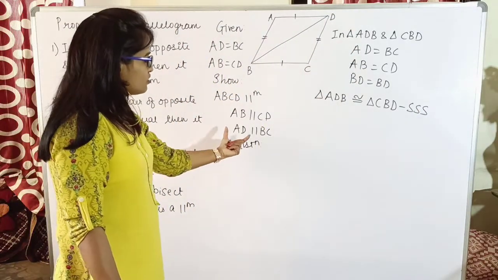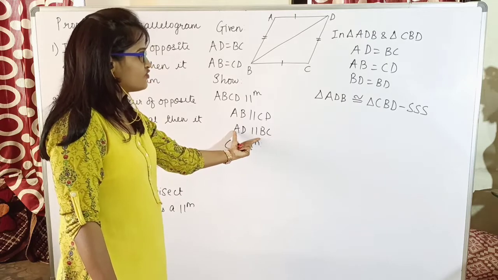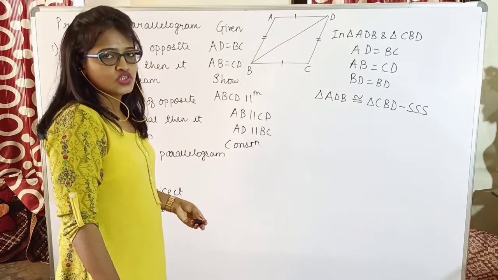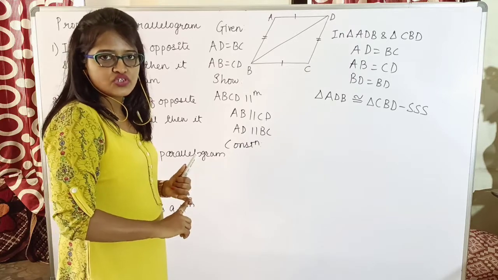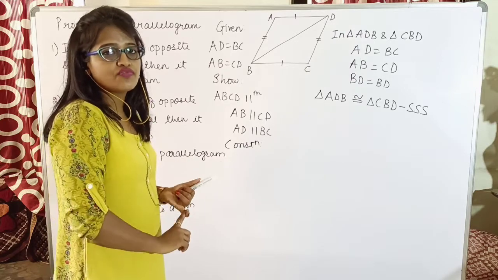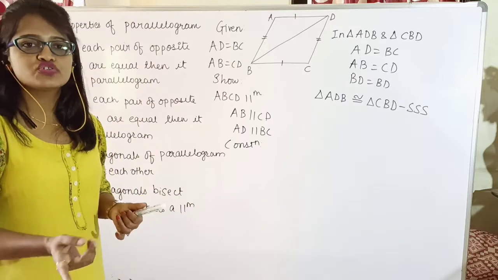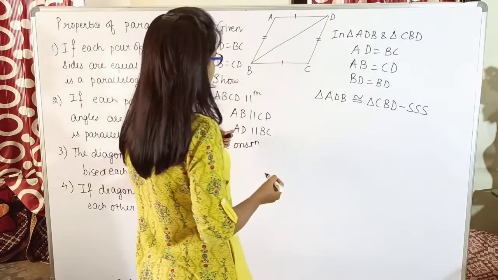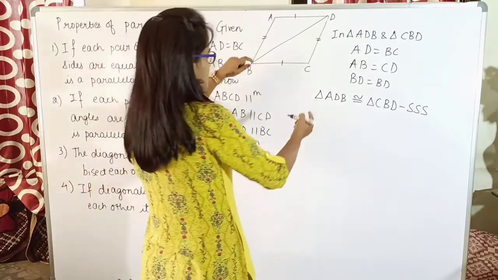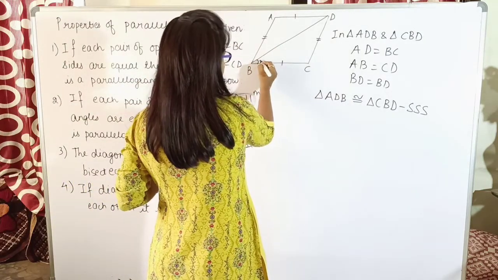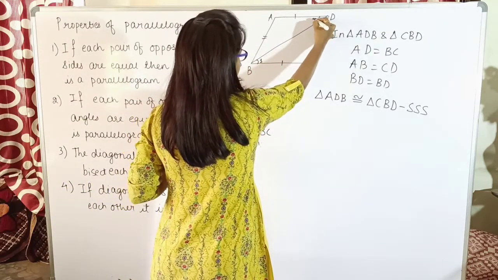But what do we want to prove? Actually, we have to prove that the two lines are parallel. So whenever we have to show two lines of parallel, we can either use converse of corresponding angle axiom, converse of alternate interior angle axiom, or converse of co-interior angles. So here we can make use of the converse of alternate interior, because as we know, if these two triangles are congruent, this angle 1 will be equal to angle 2.